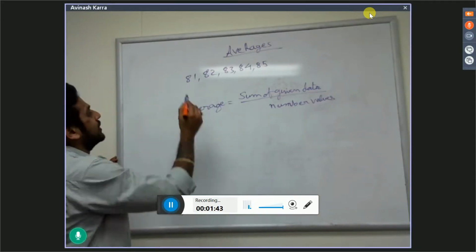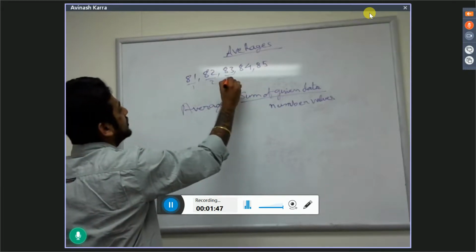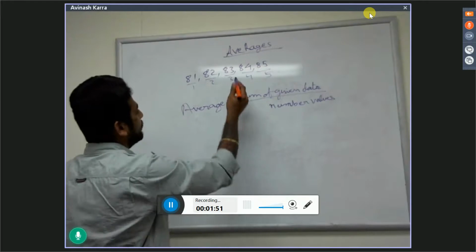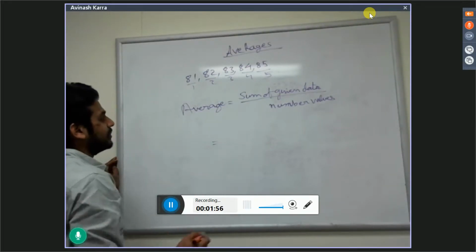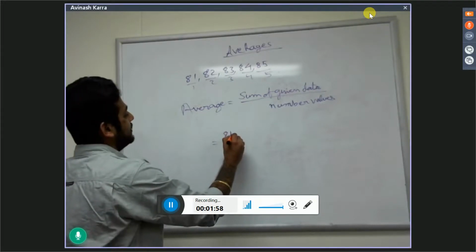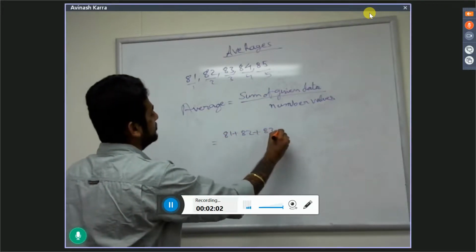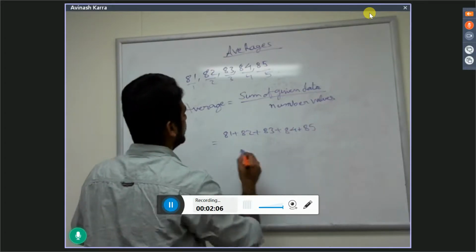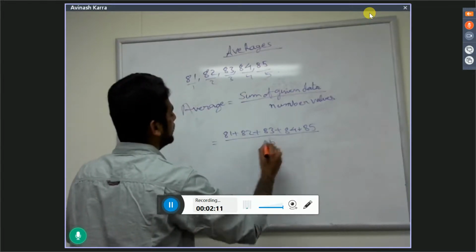Here, how many values do we have? 1, 2, 3, 4, 5. So when we substitute these values in the formula, we get 81 plus 82 plus 83 plus 84 plus 85 divided by 5.